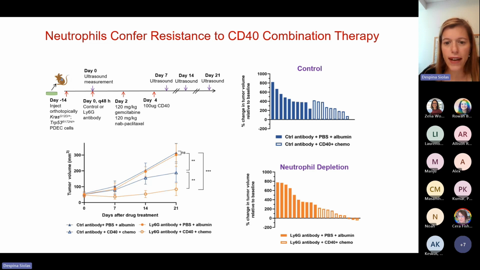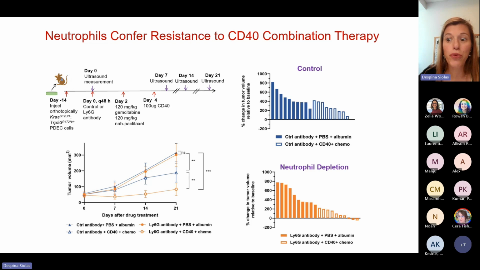And what we saw was that in the tumors that were depleted of neutrophils but treated with the same chemoimmunotherapy regimen, there was a greater reduction in tumor volume than there was with just the combination alone or just the neutrophil depletion.